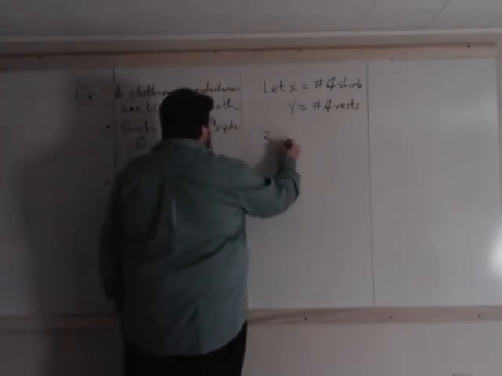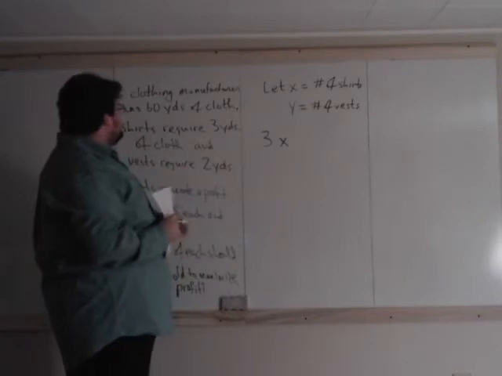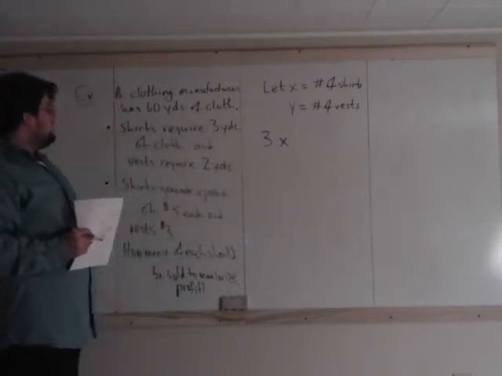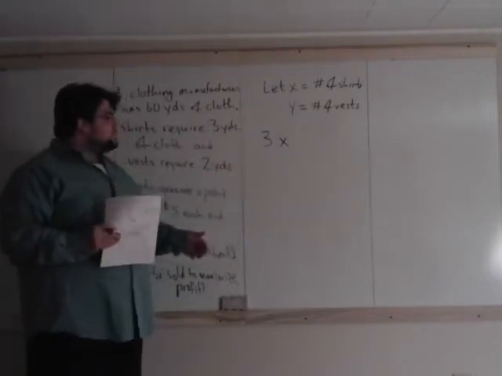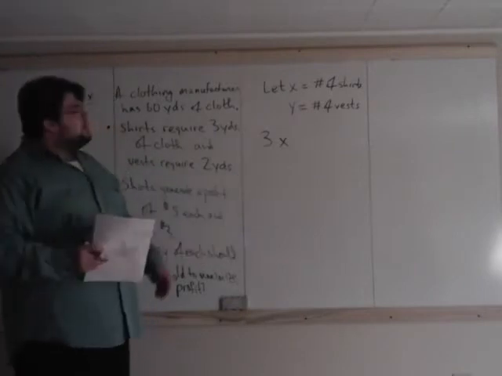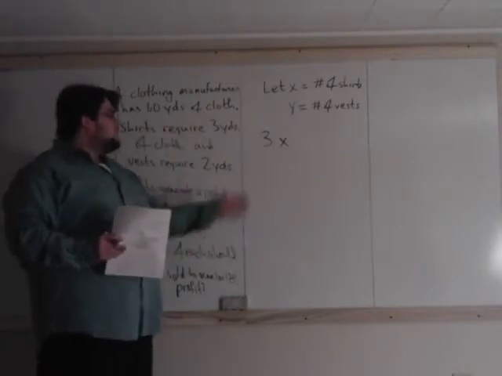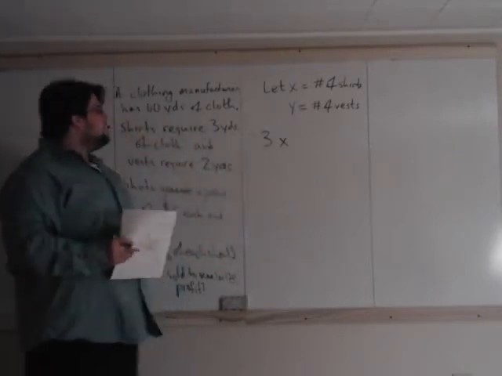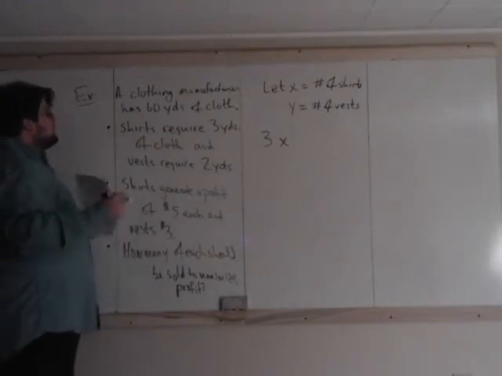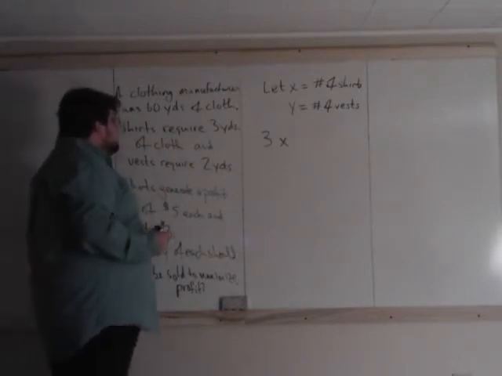If you have like 5 shirts, then you would need 15 yards of cloth. 15 is 3 times 5. So 3X is the amount of cloth devoted to shirts.